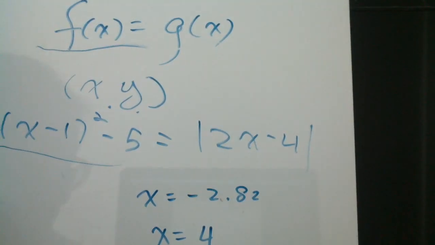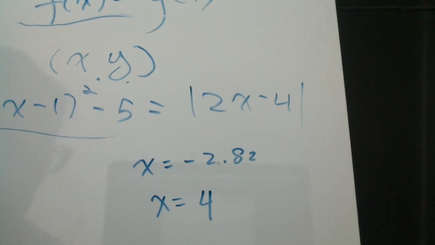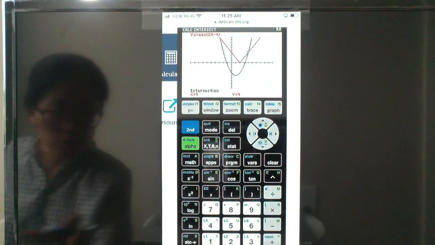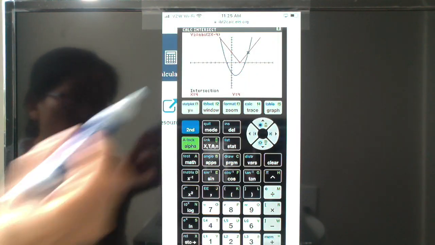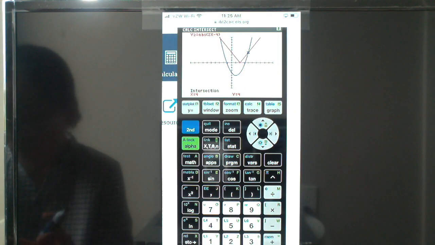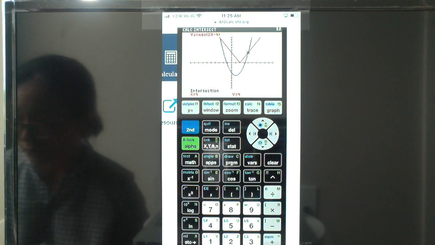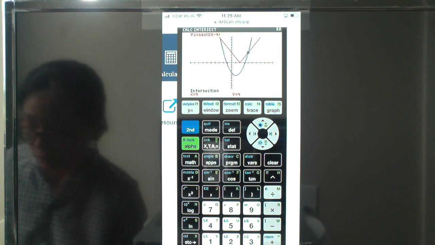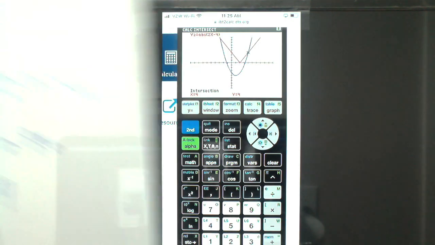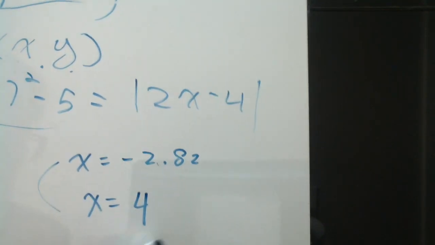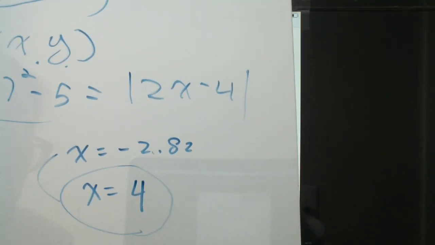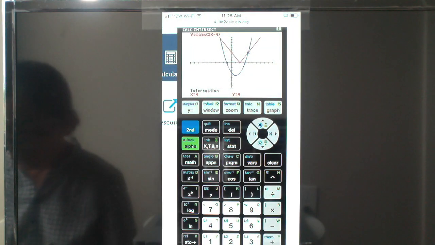X is negative 2.82. X is 4. This is 2 intersect point where you meet right here. But let's look at the question again. What is the greatest value of x? So we need to choose from the two. So if we choose 1, it is x equal 4. So the answer is x equal 4.